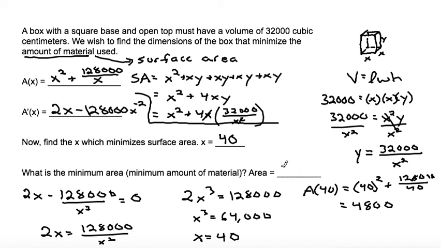So that would be our minimum area. And because the volume was in cubic centimeters, we can assume that the area would be in centimeters squared, and the x value would also have a centimeters unit. I don't know if they want you to include that or not, but just for completion.